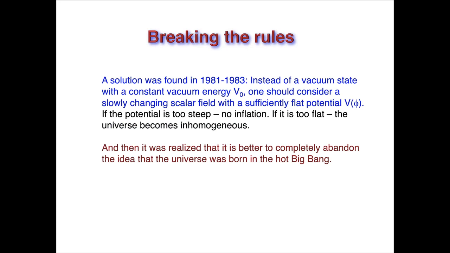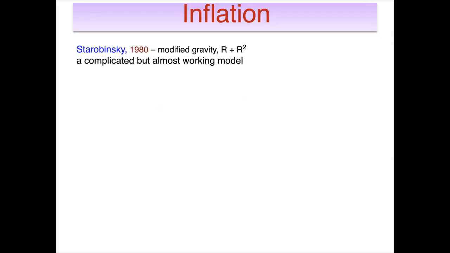If, on the other hand, it changes, or some other matter changes fast, then there is no inflation. Okay, so there were several models of inflation. One of them, the Starobinsky model, was in fact introduced a bit earlier than the model of Alan Guth. Starobinsky did not plan to solve the homogeneity and isotropy problem.